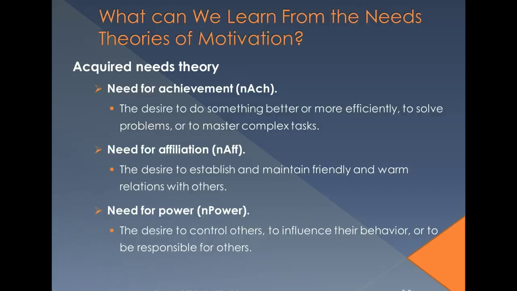Now, the need for affiliation is the desire to establish and maintain relationships with other people, and the need for power is more about control and influence and the ability to be responsible or in charge of or influencing other people. So all three of these sub needs are all tied into motivation.